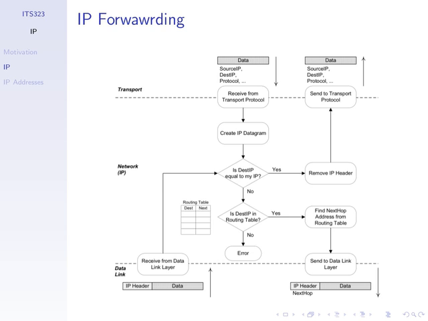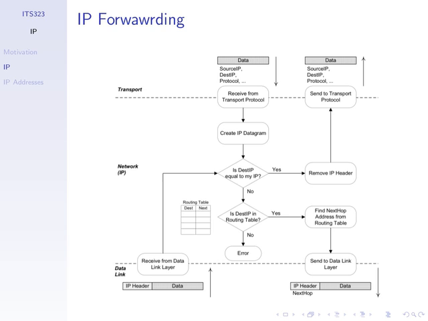The device which is processing this IP datagram knows its own IP address, currently on this device IP address 1. It compares: does the destination match my IP address? No, it does not. Destination is 11, I'm host 1.